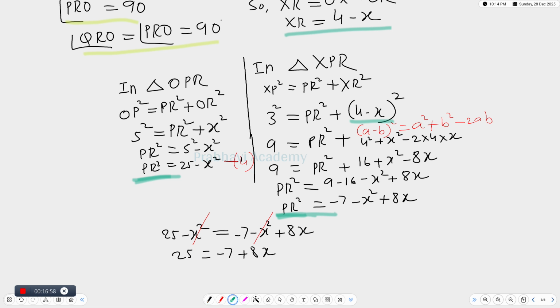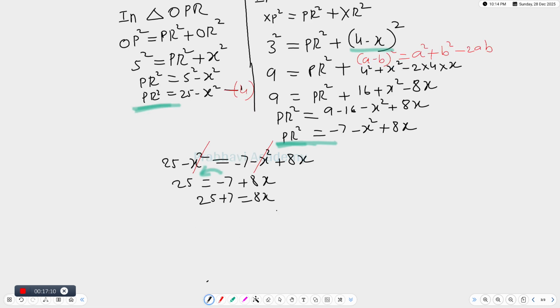I will take the 7 this side, so it becomes 25 plus 7 is equal to 8X, and 25 plus 7 is 32. 32 is equal to 8X, and X is equal to, if you transpose this 8 this side, 32 by 8. 8 ones are 8, 8 fours are 32. So here the X value becomes 4.